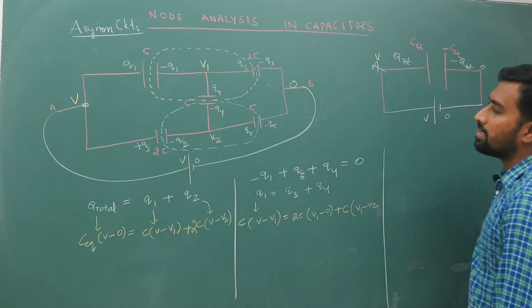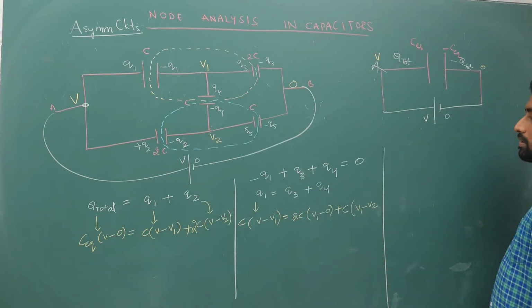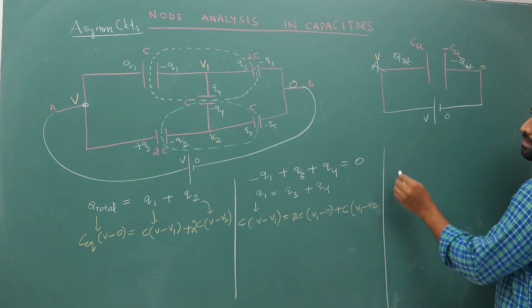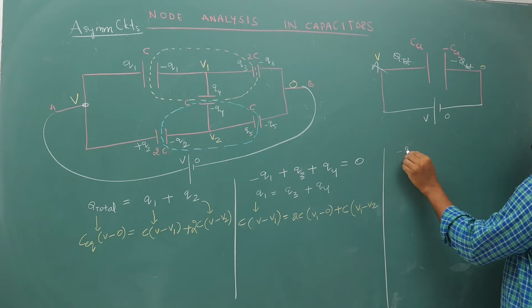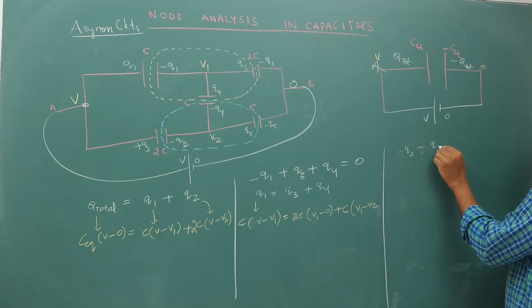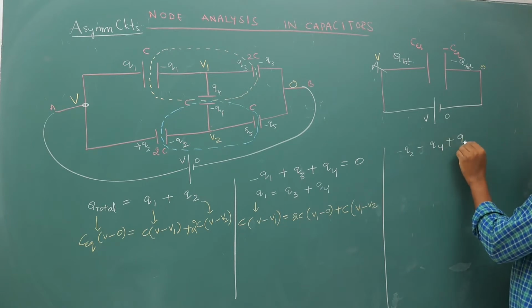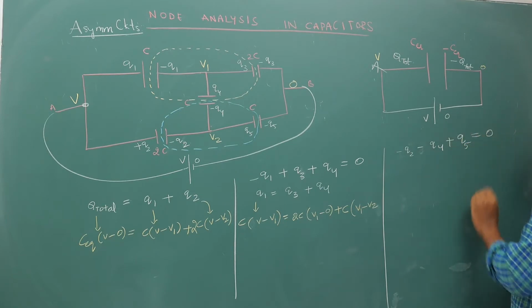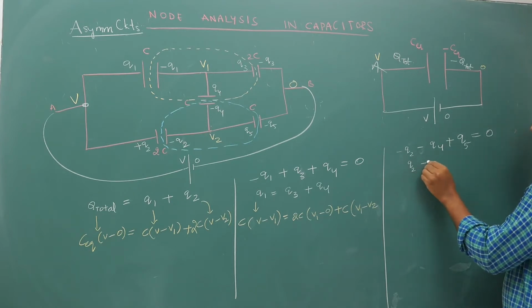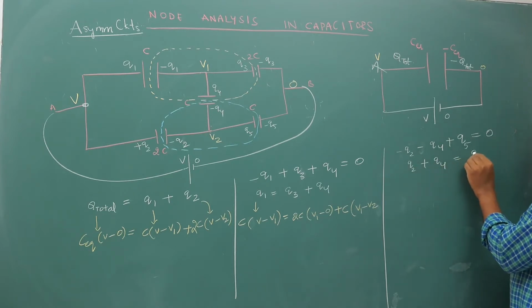If you take that blue color circle, Q enclosed is 0, then what happens is minus q2 plus q4 minus q2 minus q4 plus q5 is equal to 0. So q2 plus q4 is equal to q5.